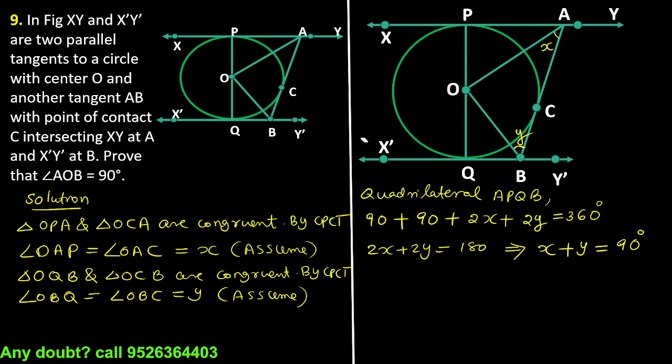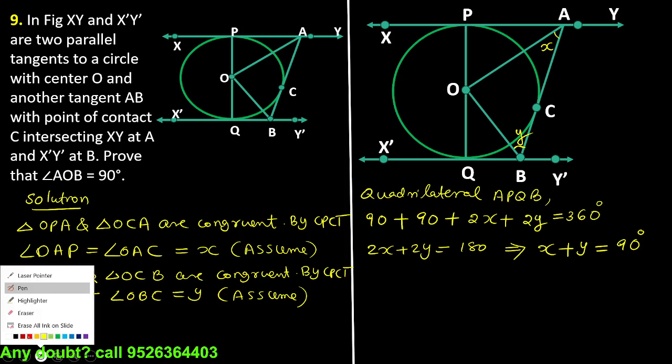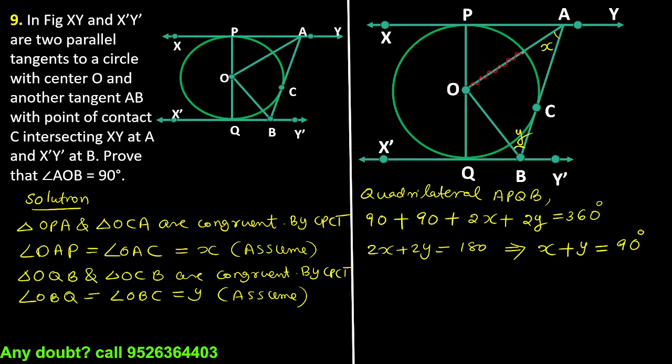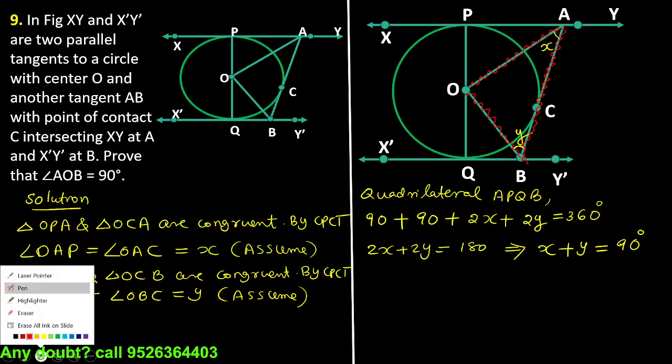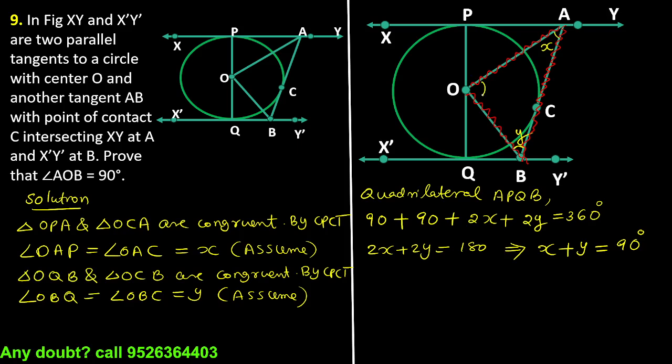Okay. Now it's very easy to prove that angle AOB equals 90 degrees. Now you have to focus on triangle AOB. This angle I have to prove is 90 degrees, angle AOB. So consider triangle OAB.